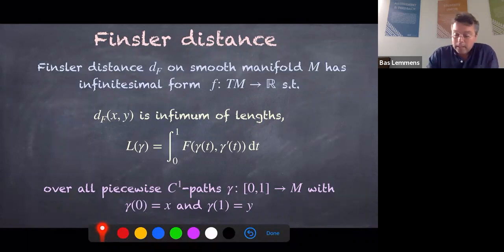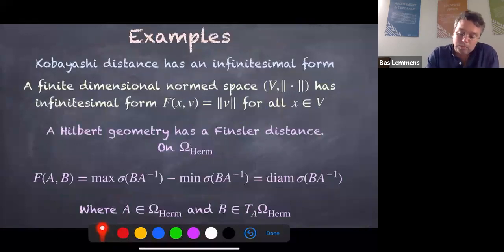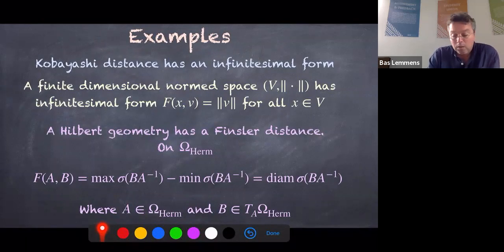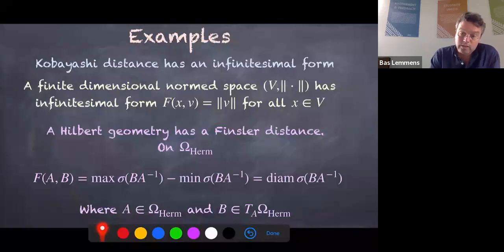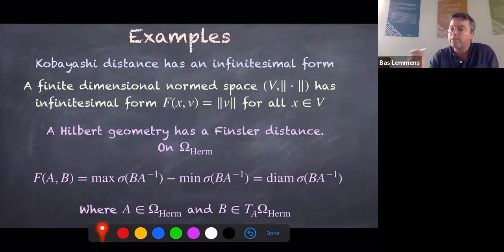As we know, the Kobayashi distance has such an infinitesimal form, but also obviously a finite dimensional normed space has such an infinitesimal form, namely in each of the tangent spaces, you just place the norm of the space. So here the norm does not depend on x at all.